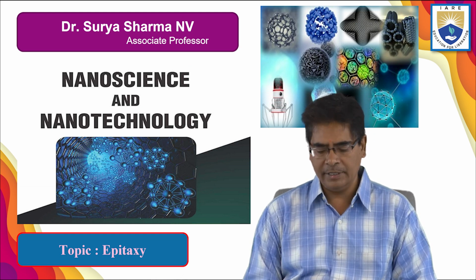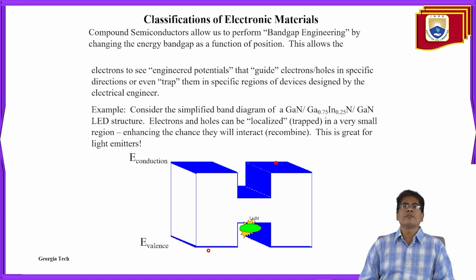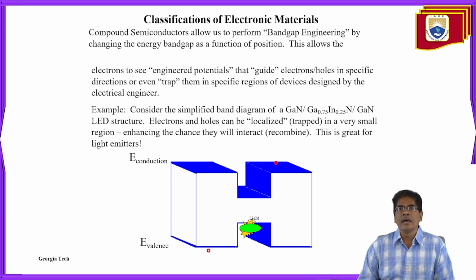fabrication of nanomaterials. Right. So, if you come to the classification of electronic materials, compound semiconductors allow us to perform band gap engineering by changing the energy band gap as a function of position. Right.